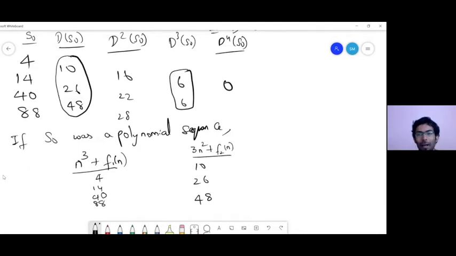Very interesting observation. So what is the consequence of this? Is this giving us any information about f1 of n? f1 of n should be 3n squared plus f2 of n, not necessarily.